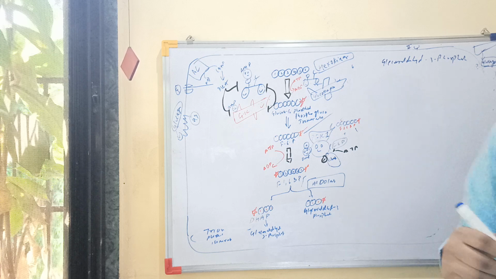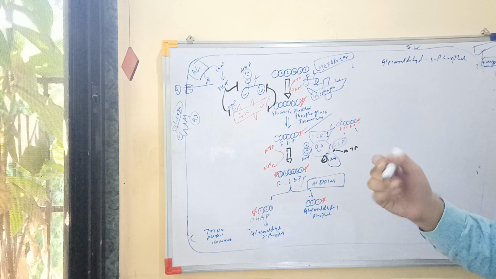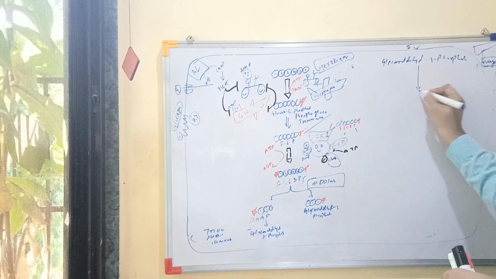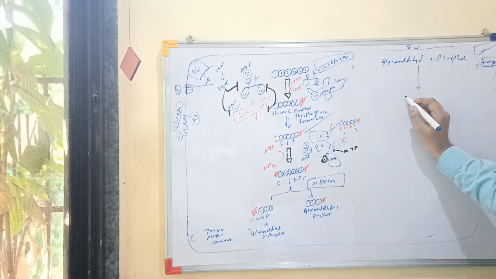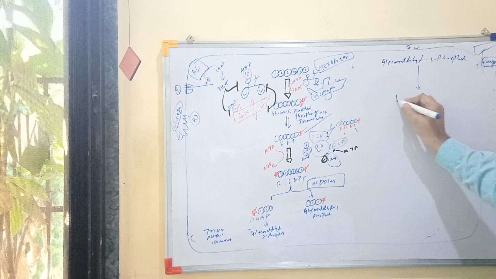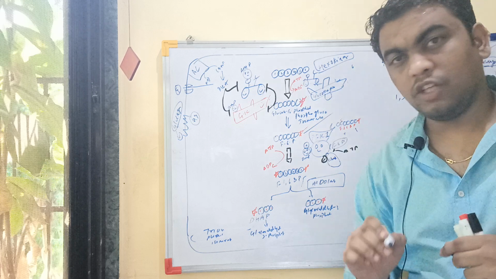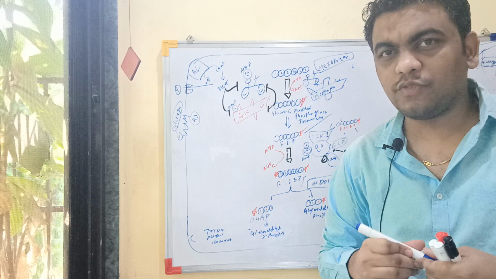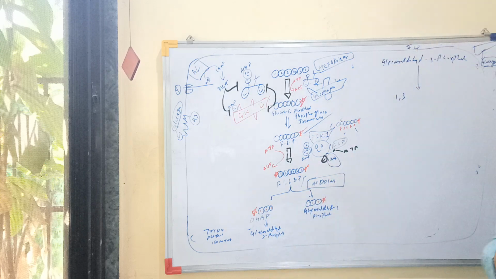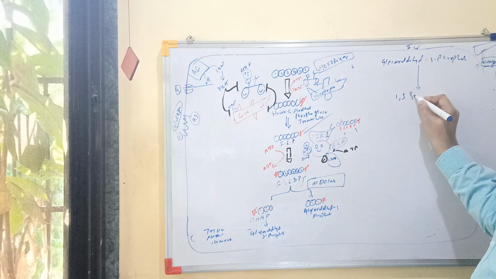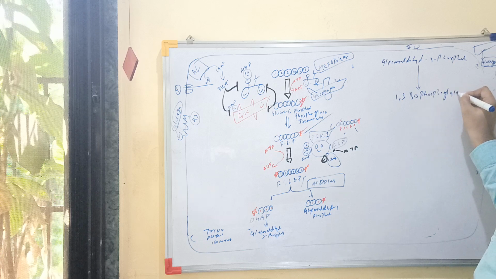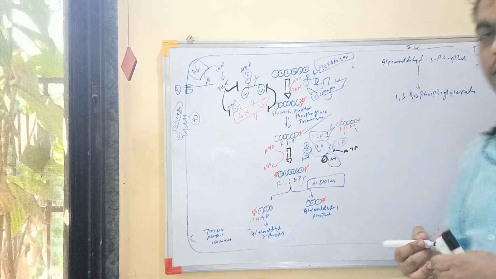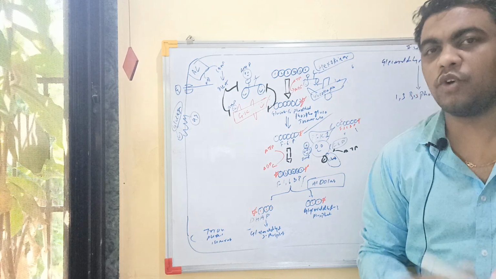So in this step, you can understand what will happen, because the next step is 1,3. So of course if I am talking about position 1, that means there is a phosphate coming somewhere. So next we have 1,3 bisphosphoglycerate. This is 1,3 bisphosphoglycerate.